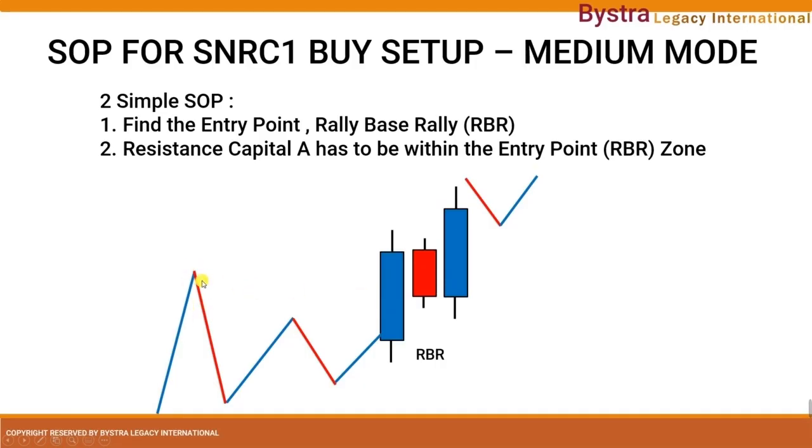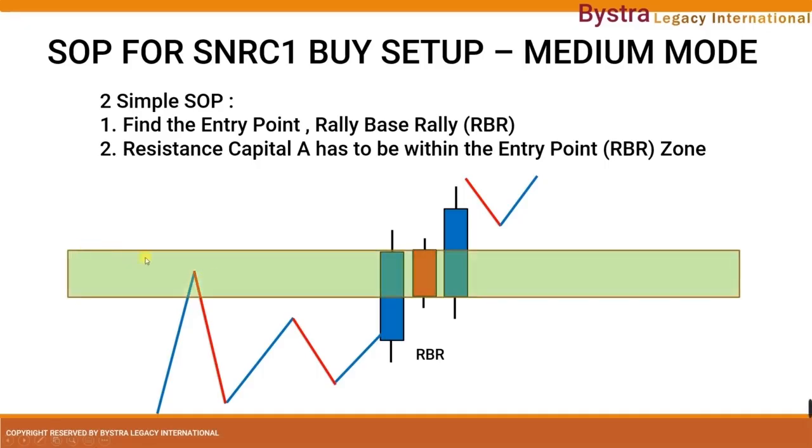Now, first of all, what we should do is mark the zone of the entry point. In this case, this is the rally base rally. Why do we want to mark the zone? So that we can know whether the capital letter A is inside the zone. In this case, we can see that this capital letter A is inside the zone. Therefore, we will mark the horizontal line.